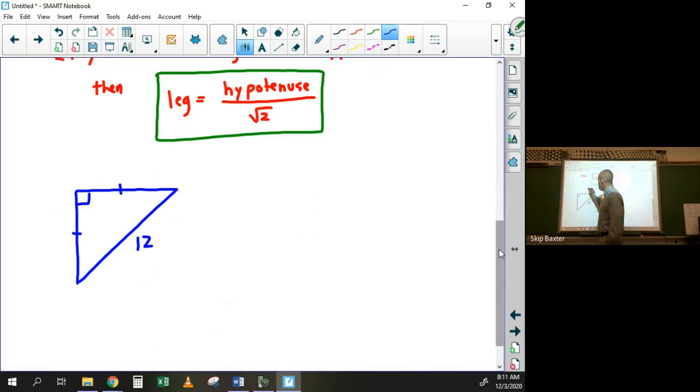Then this leg up here would be 12 divided by radical 2, which you then have to rationalize by multiplying top and bottom by radical 2, which simplifies to be 12 radical 2 over 2, or 6 radical 2. That's the length of each leg, 6 radical 2.